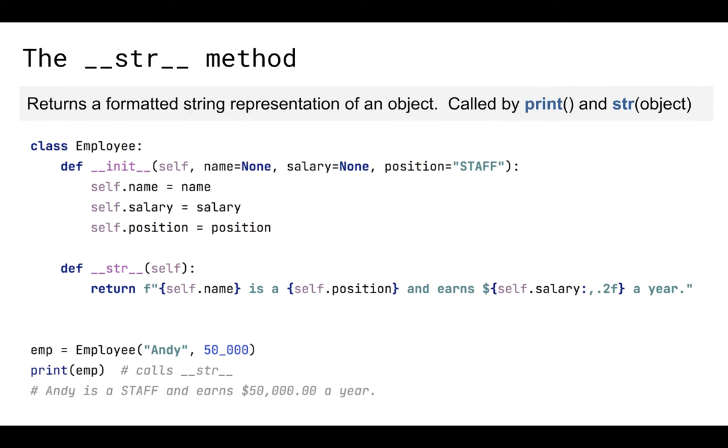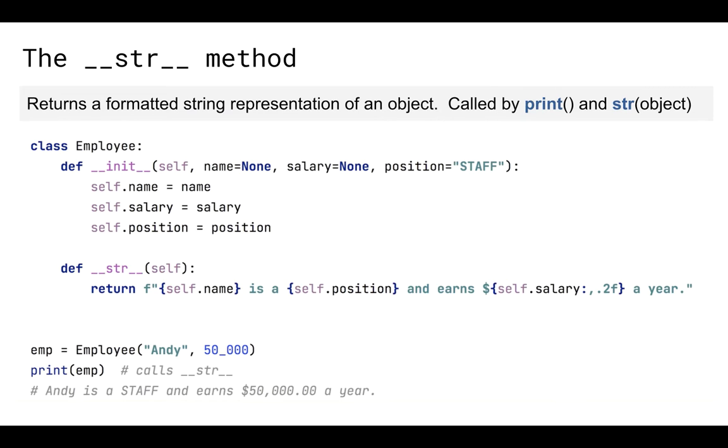In this example, we have a class named Employee with attributes name, salary, and position. You can define the __str__ method to create a sentence: the name is the position and earns a particular salary a year.